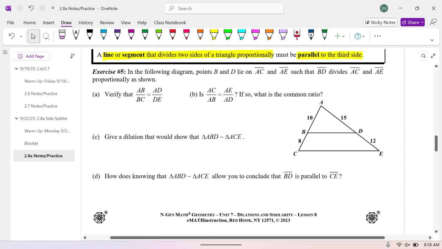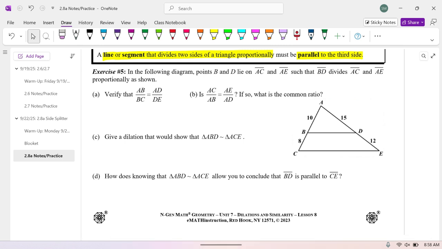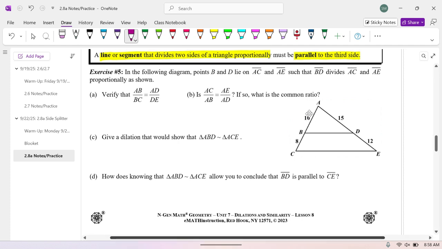So we're going to verify that AB over BC is equal to AD over DE. So if I plug in the side lengths that I have over here, I have 10 over 8 is equal to 15 over 12. If I simplified both of those down, would they be equal to each other?